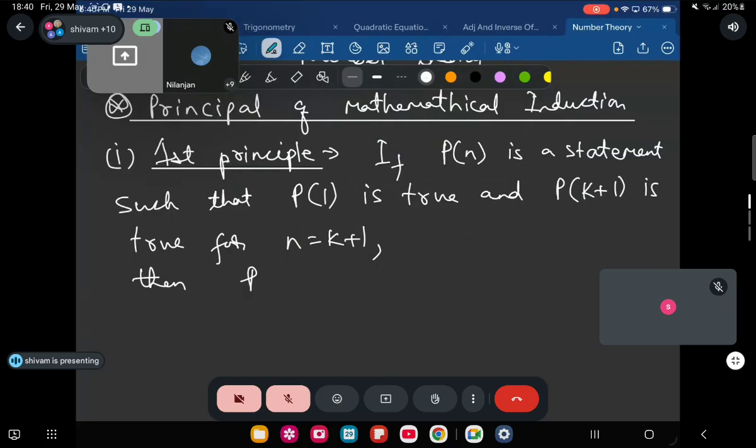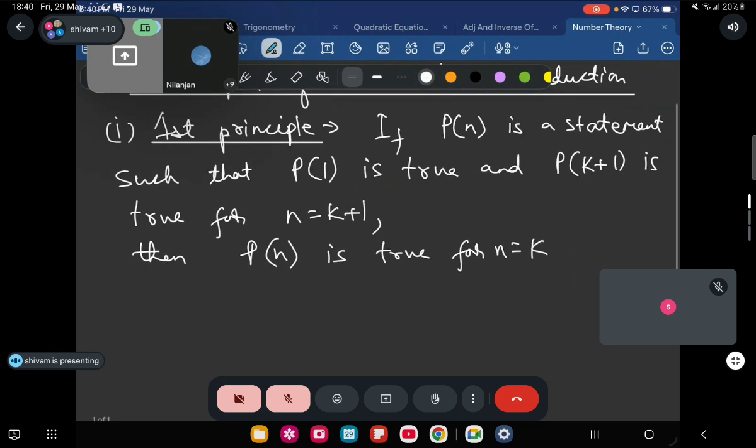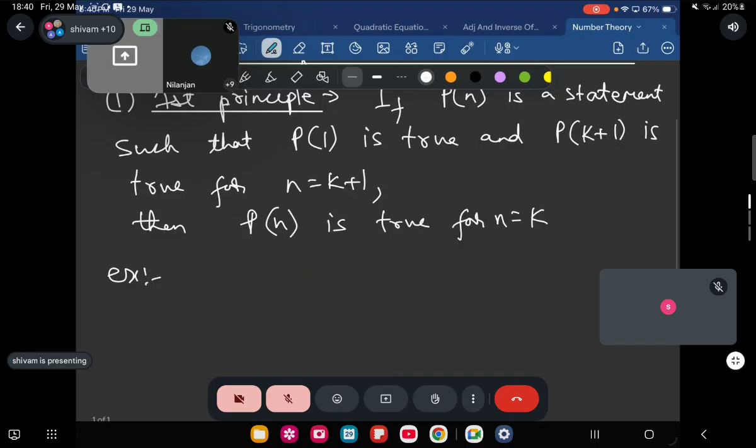Then Pn is true for n equal to k. I'll give you some examples where we can apply mathematical induction. For example, in our regular classes, I've already discussed the sum of the first n natural numbers, 1 plus 2 plus 3 plus up to n.